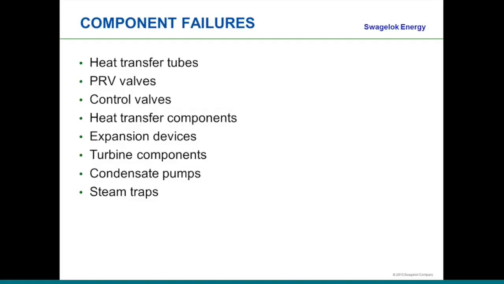Turbine components: internal nozzles, buckets, blades, erosion, steam quality issues, cross component failures. Condensate pumps: without having NPSH, the pumps will cavitate. And then we switch to a steam motor pump, which gives us a higher unreliable operation. Steam traps: a steam trap today under 250 psi should last you 15 years. You should not have component failures.